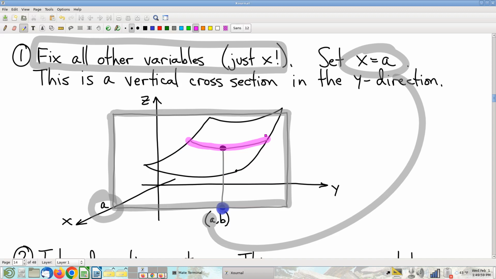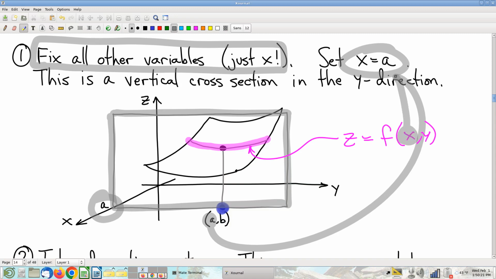And in fact, if you think it through, what are these values? What are we looking at here? What are these heights? What is z there? Well, it's f of x comma y, but don't forget x is fixed. X is now not allowed to change.